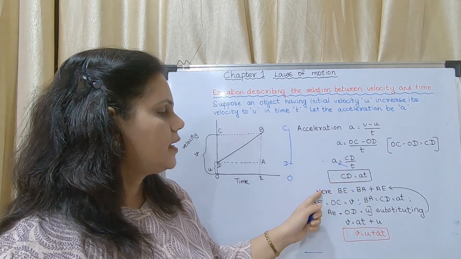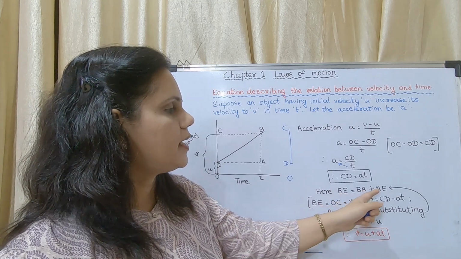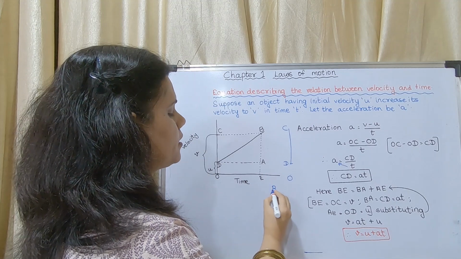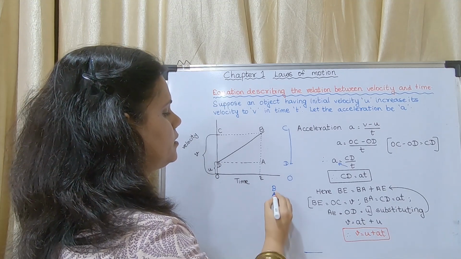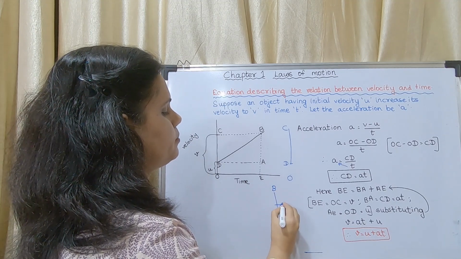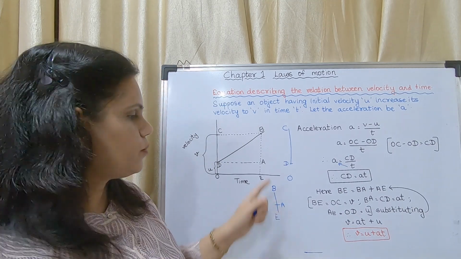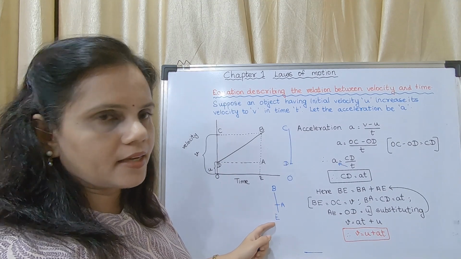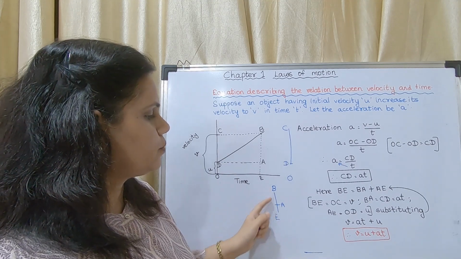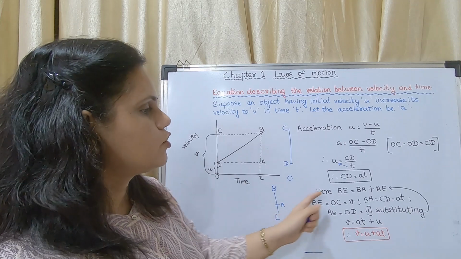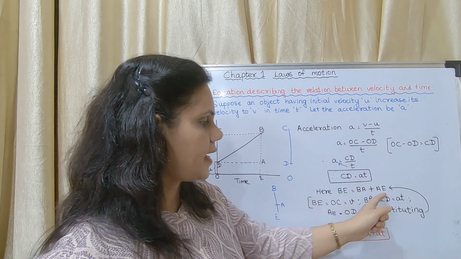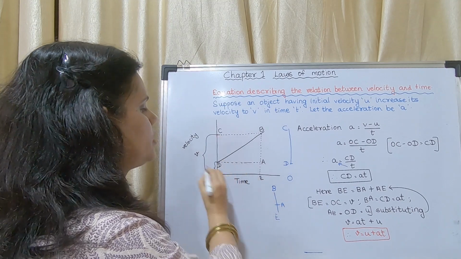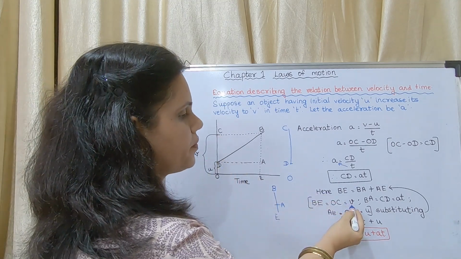Now BE is equal to BA plus AE. There is a point in between, that is A. I repeat, BE is equal to BA plus AE. But we know that BE is equal to OC, which is equal to v.